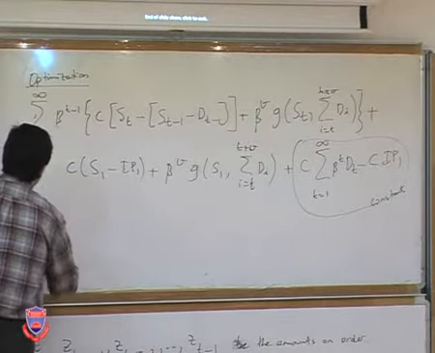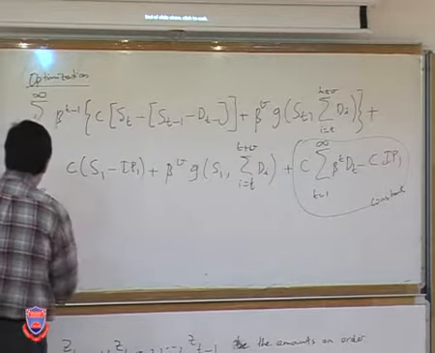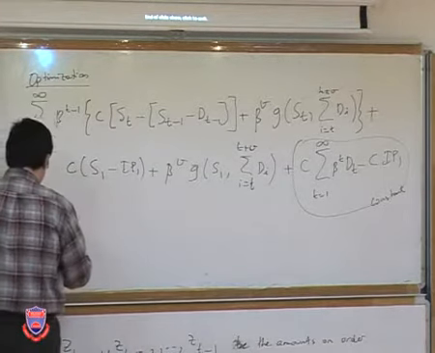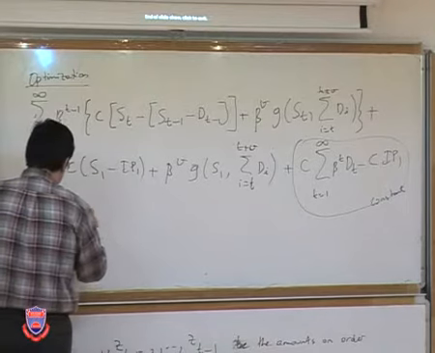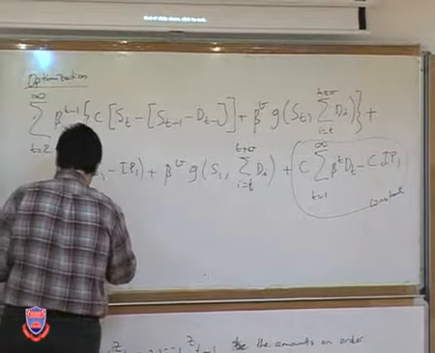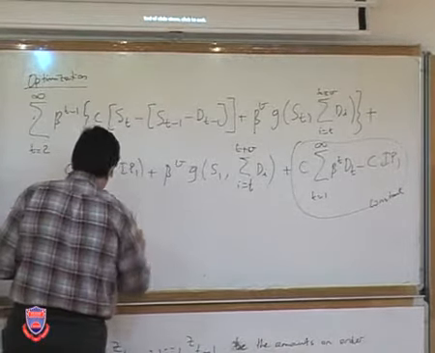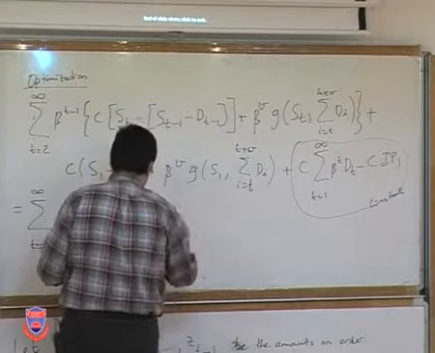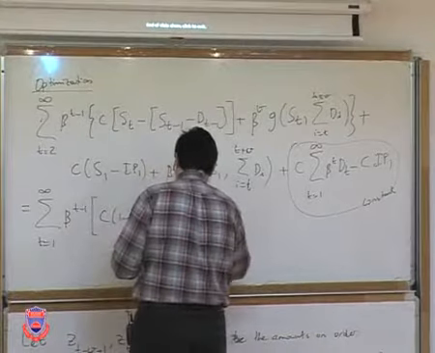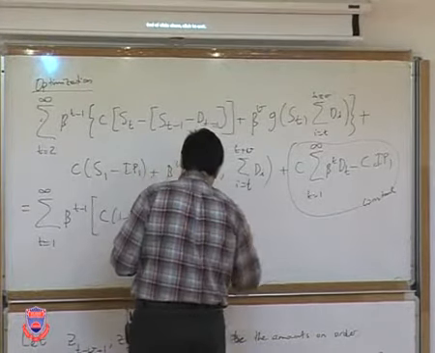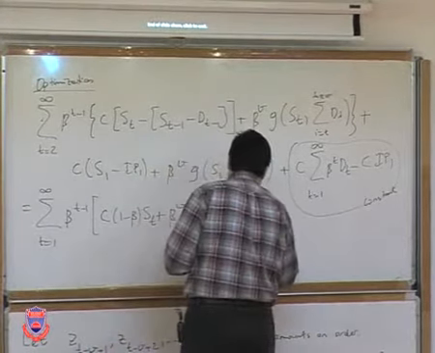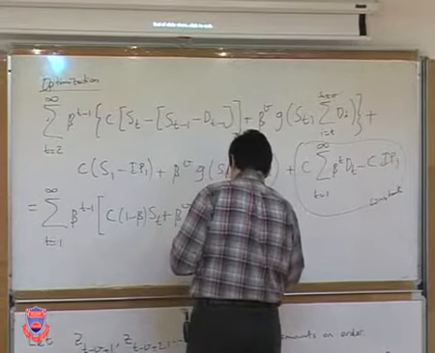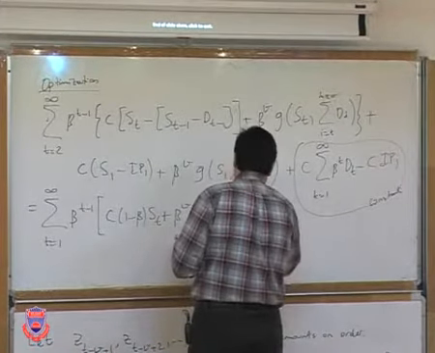This is equal to the sum from t equals 1 to infinity of beta^(t-1) times [C(1 minus beta) S_t plus beta^nu G(S_t)] with the summation of d_i from t to t plus nu.